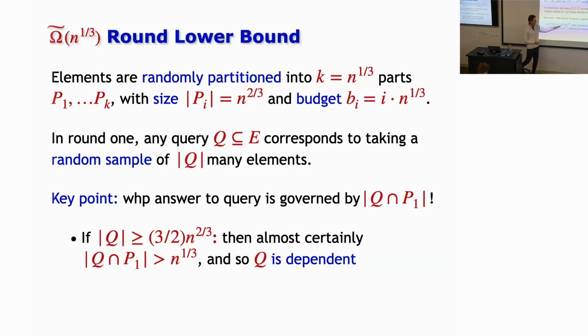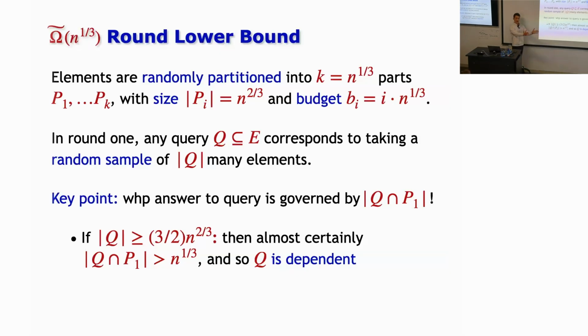So if you take a random sample of this many elements, then with extremely high probability, when you look at just the part P1, you'll have at least n to the 1/3 many elements that land there. In expectation, it's 3/2 times n to the 1/3. You do some Chernoff bound, and you'll have at least n to the 1/3 elements with extremely high probability.